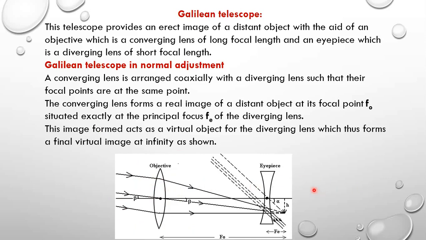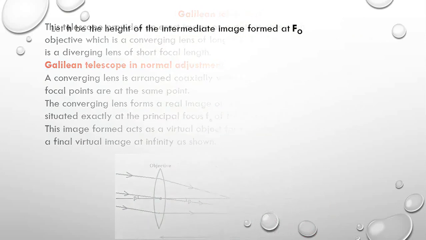If I want to get alpha and beta, we know that they are small angles in radians, so alpha is approximately equal to tan alpha, which is opposite h over adjacent fe, and beta is approximately equal to tan beta, which is h over adjacent f0. Therefore I can get the angular magnification or magnifying power.